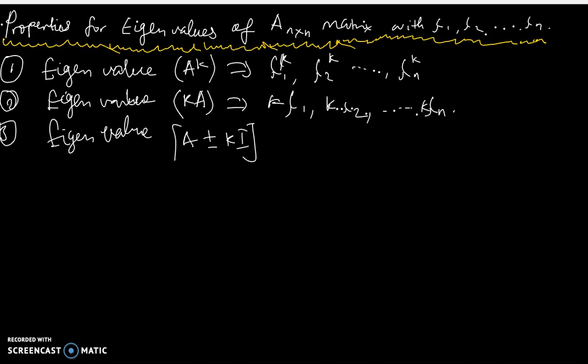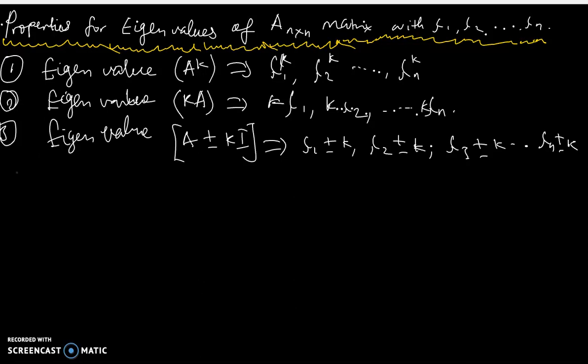So if you have this kind of property, what this means is that it is equivalent to lambda 1 plus or minus k, and then we have lambda 2 plus or minus k, and then we will also have lambda 3 plus or minus k. This will take you up to lambda n plus or minus k. So this is exactly what we are talking about.